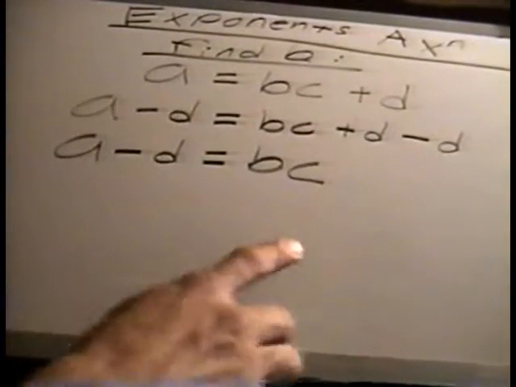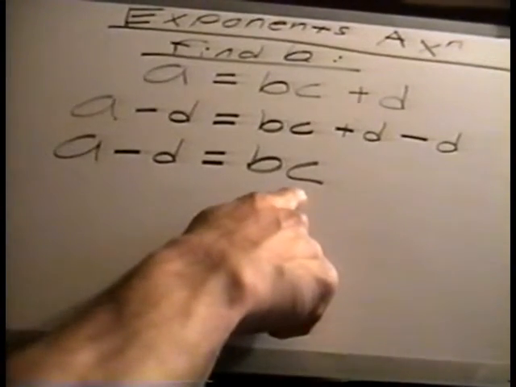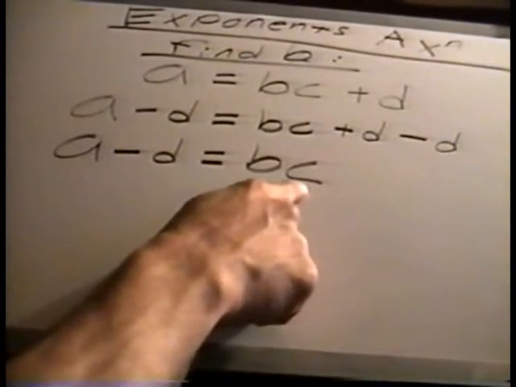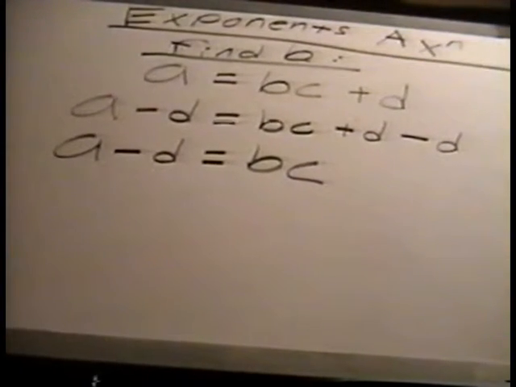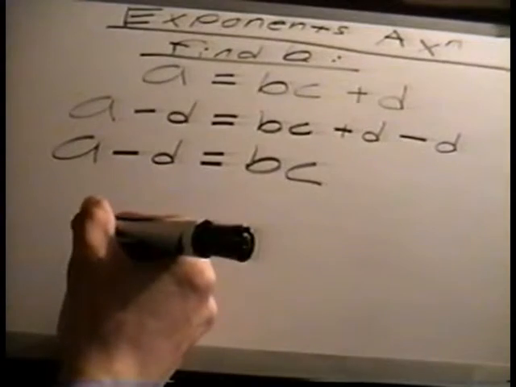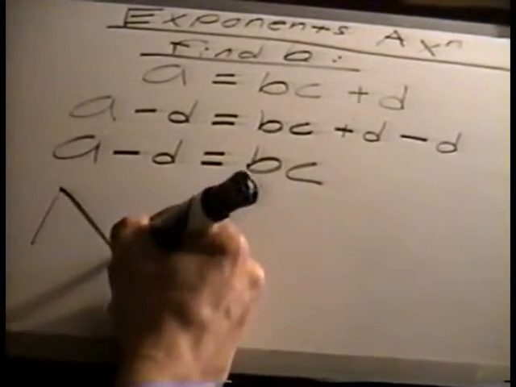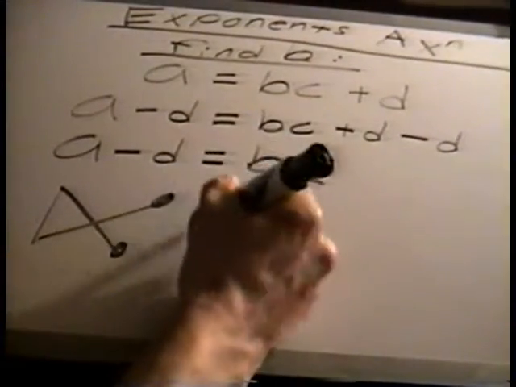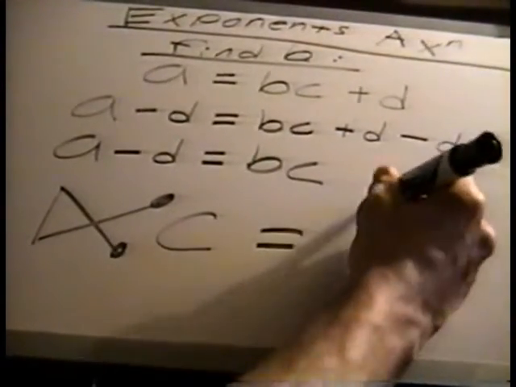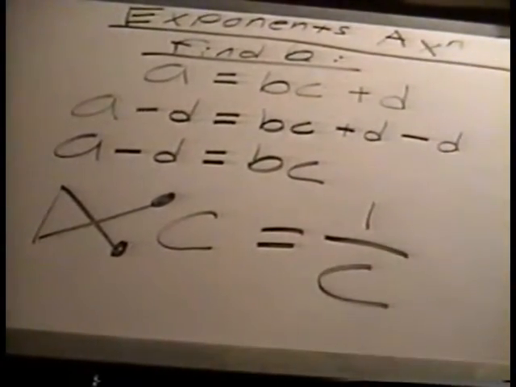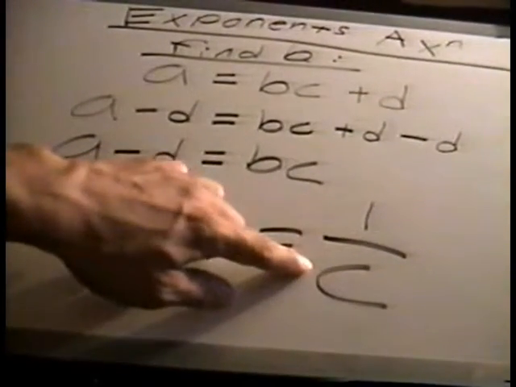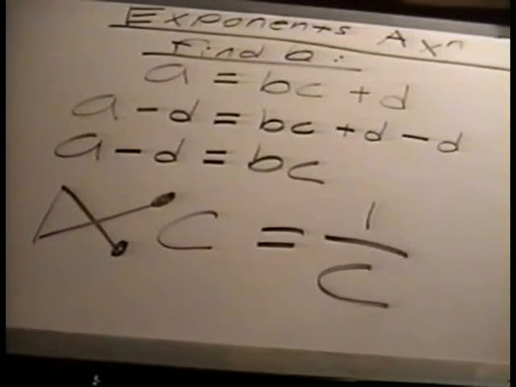Now, if we had a different number, if we had 2 to the power of 2 by x squared, that's going to give you 2 times 2 by x squared. And 2 times 2 is 4. So that's going to become 4x squared.